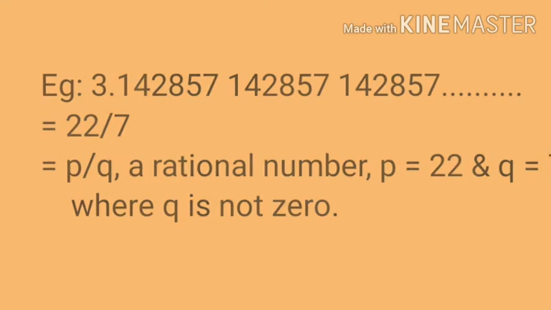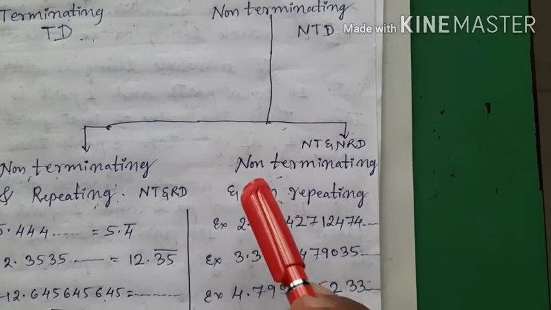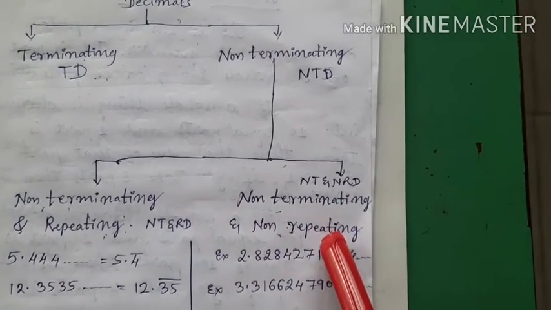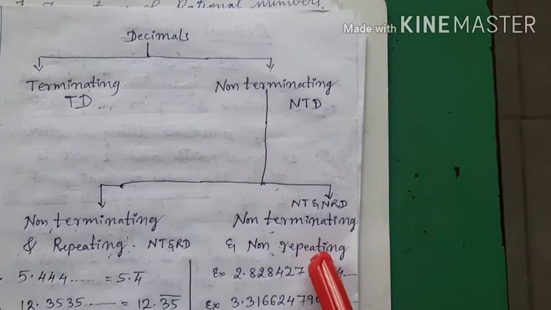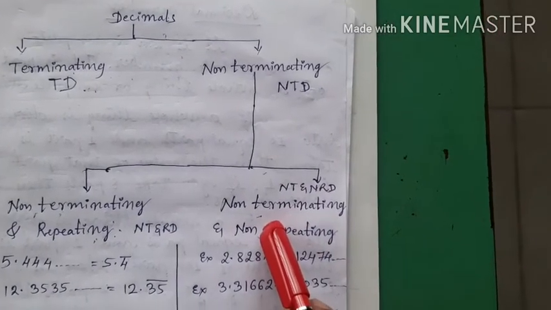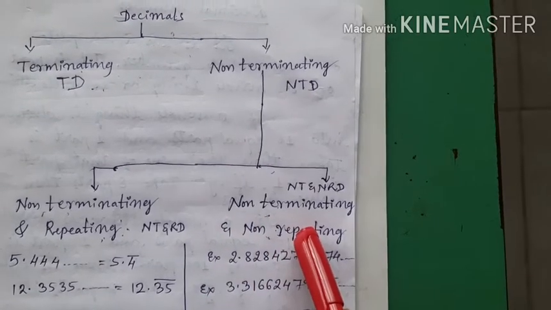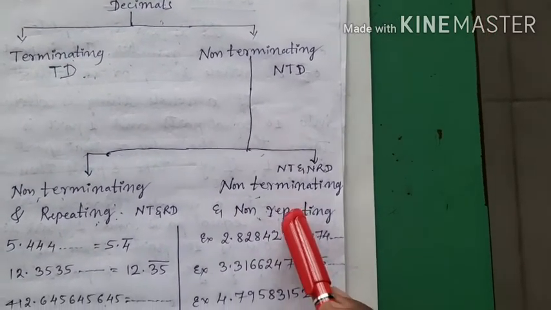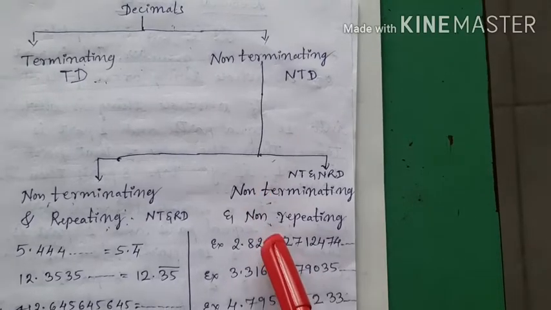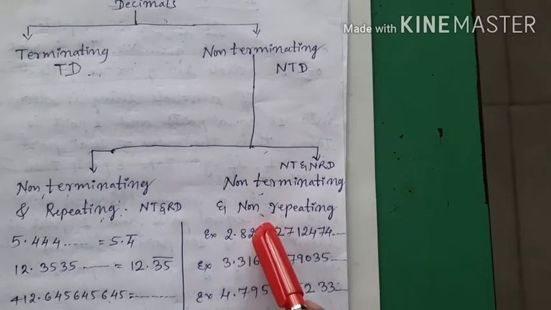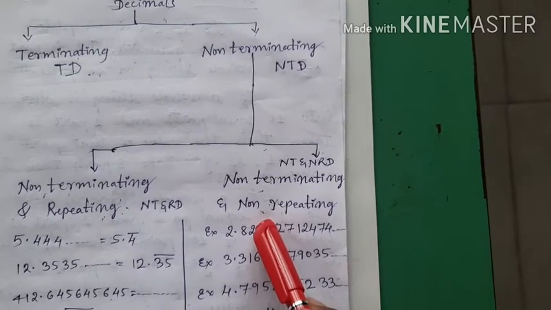Okay? Then, non-terminating and non-repeating decimals are added to the irrational number group, because a non-terminating and non-repeating decimal number cannot be expressed in the form of P by Q, where P and Q are integers and Q is not equal to 0.